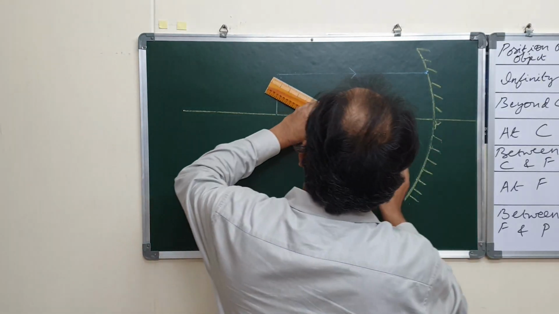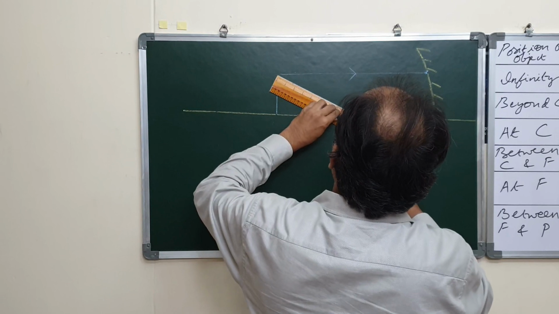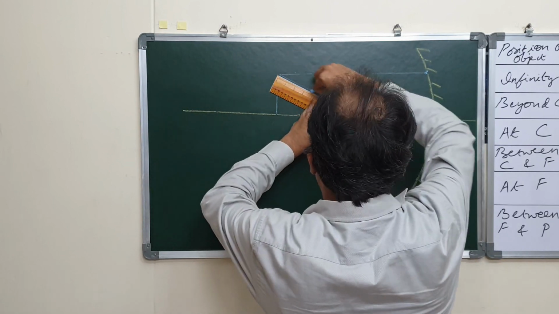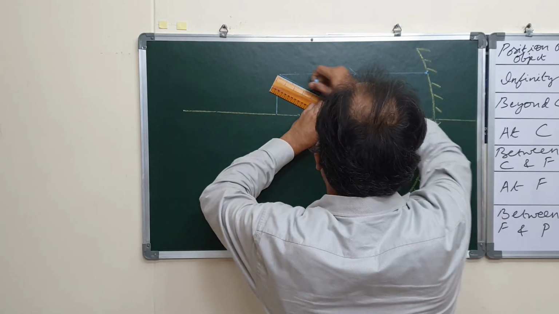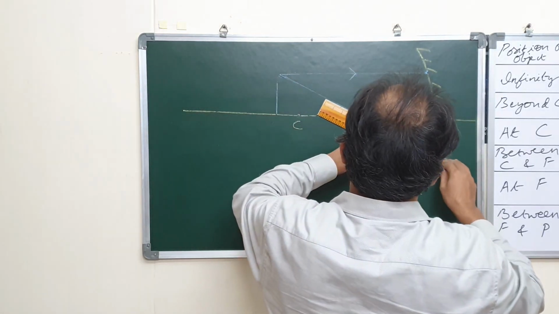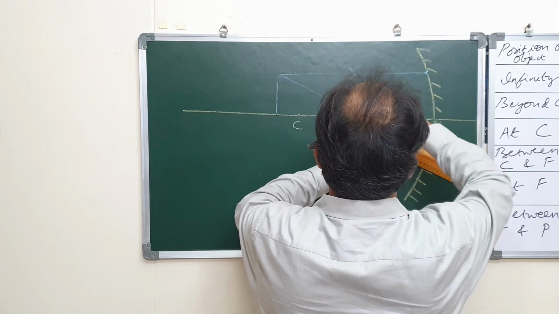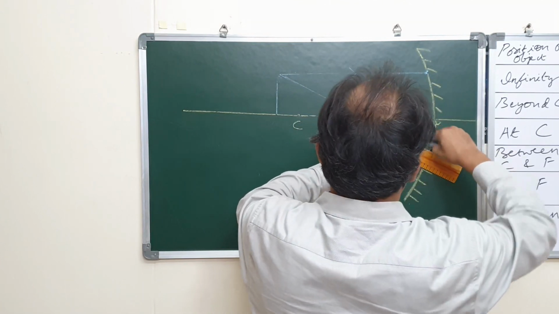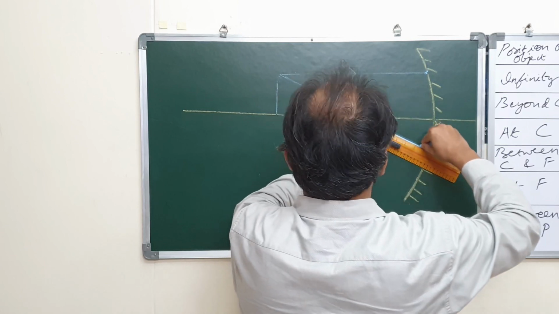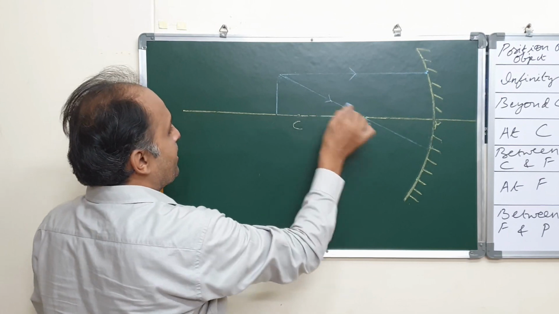Okay, let us draw the ray through the principal focus. This is the second ray.